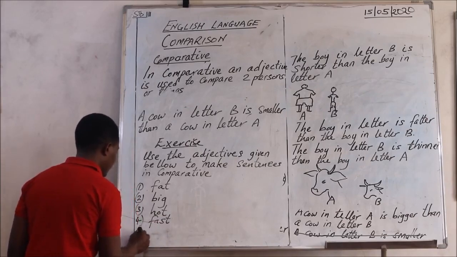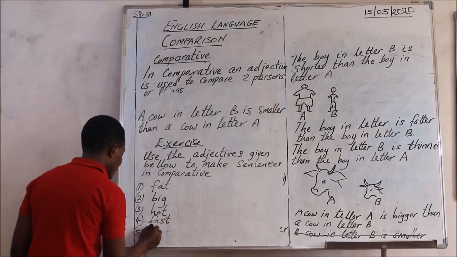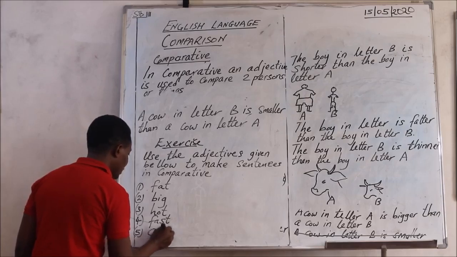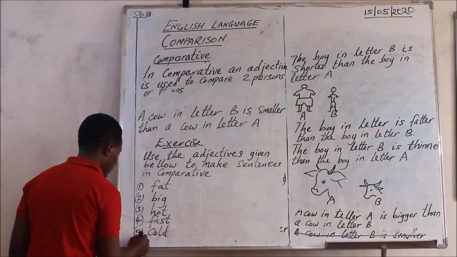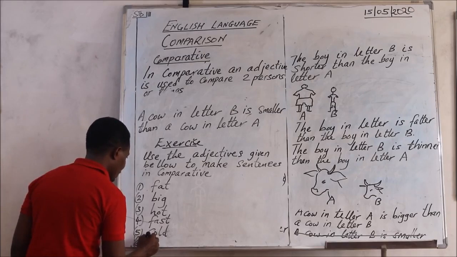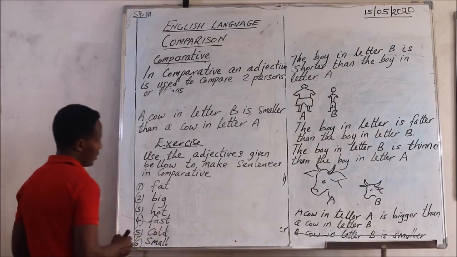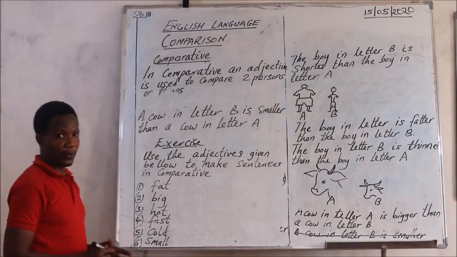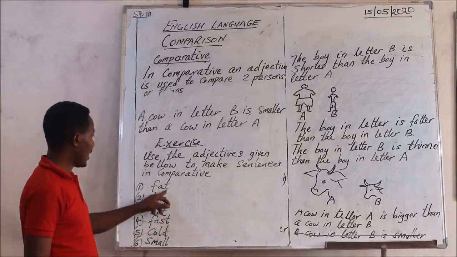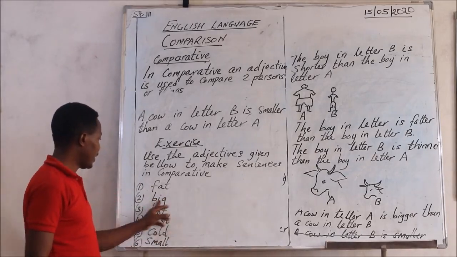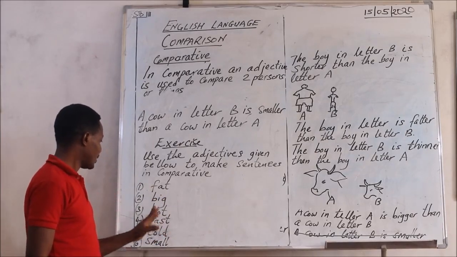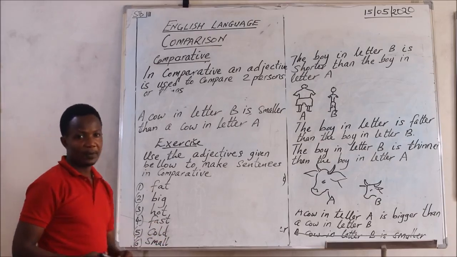Number five, cold. Number six, small. I think it is very simple. Use them to make your sentences.